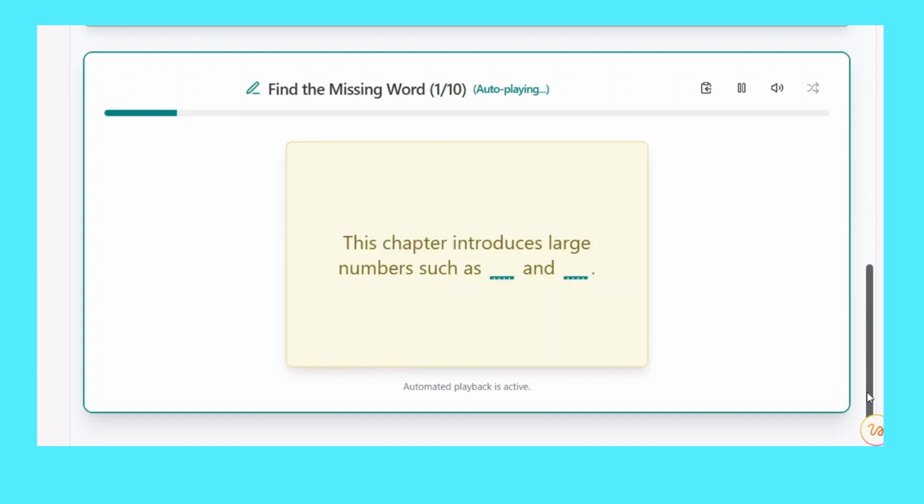This chapter introduces large numbers such as dash and dash. Lakhs, crores. Dash, a farmer, learns about lakh varieties of rice.